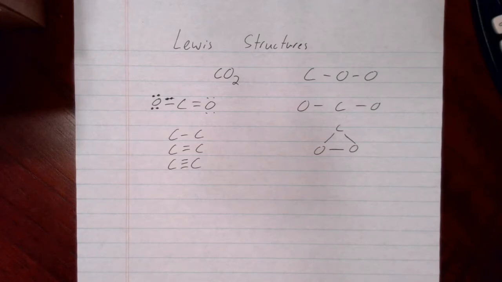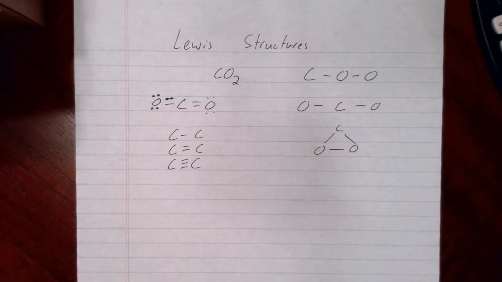So when we start a problem, besides hydrogen and helium, which always only need 2 electrons, we're going to assume that all atoms follow the octet rule, and all atoms need 8 valence electrons. And then if we can't make a problem work out with every atom having 8 valence electrons, then we'll start looking at what atoms might be exceptions. See if we have a sulfur present, a phosphorus present, a boron present, for example, and we'll go from there.